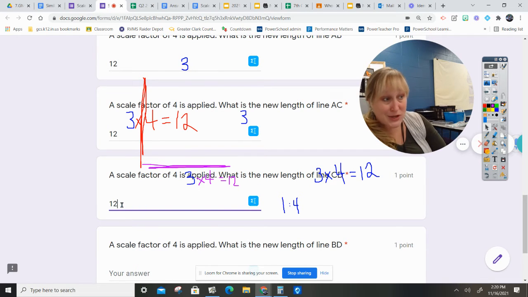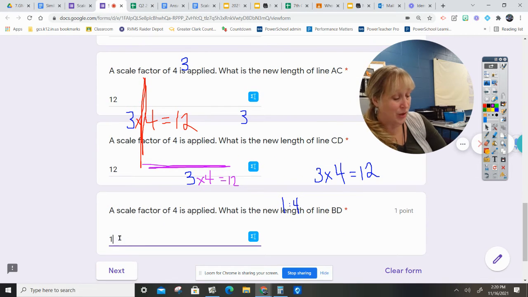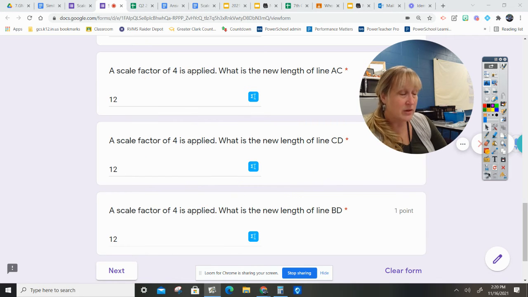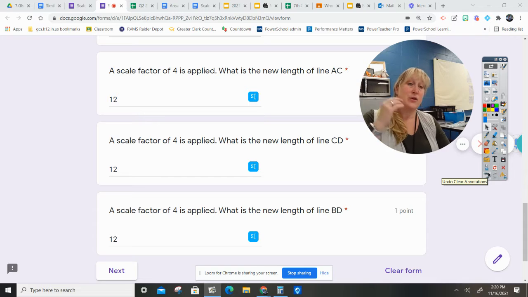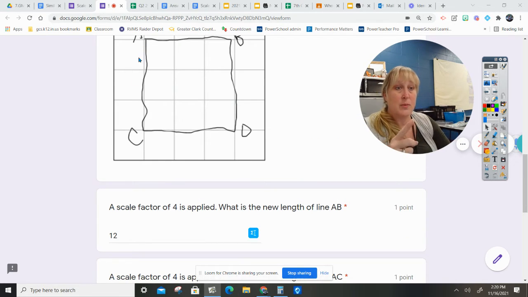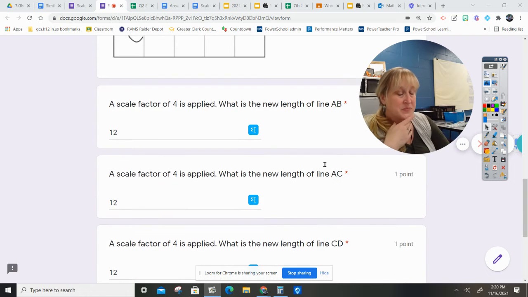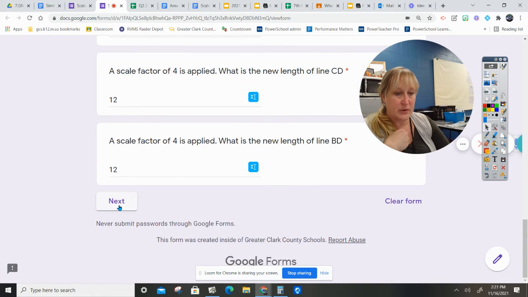I probably shouldn't have made it a square because all of the answers to this first one are 12, but I wanted you to see how you have to pay attention to what the lines are. AC comes from AC. All right, now we're going to hit next.